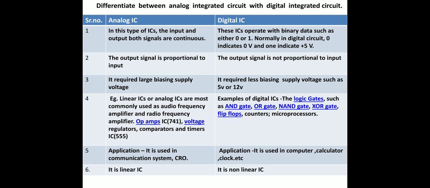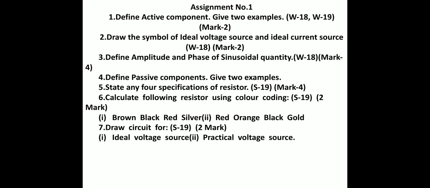Analog ICs are used in communication systems and CRO, and are linear ICs. Digital ICs are used in computers, calculators, clocks, and are non-linear ICs.